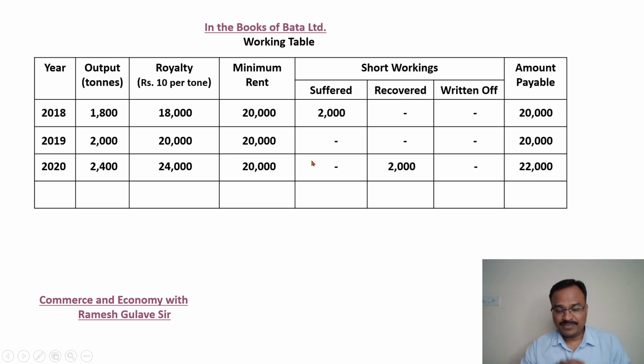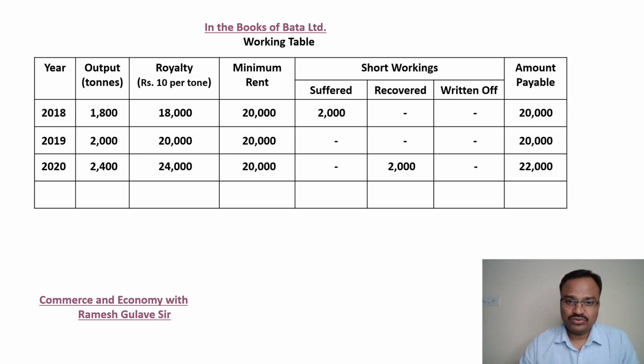If short workings are recovered in any year, we subtract the amount of short workings recovered from the actual royalty. So here 24,000 minus 2,000 gives us 22,000. So here the amount payable to the lessor is rupees 22,000.